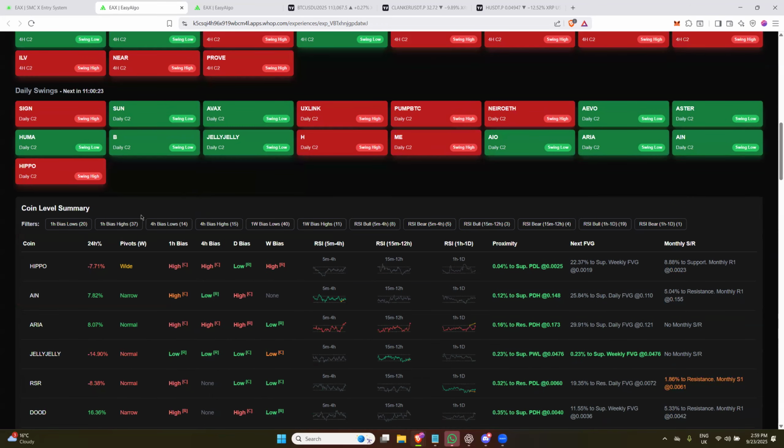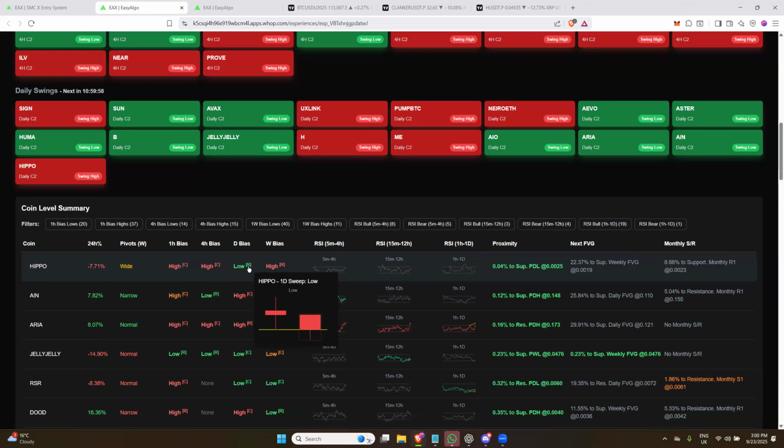Filters, I've got your bias. So your bias is basically indications of where the price is. So your weekly would be your weekly candle. It's swept a high, and if it indicates the R, it means it's in reversal. So it'll be below the sweep. And same goes for the low.